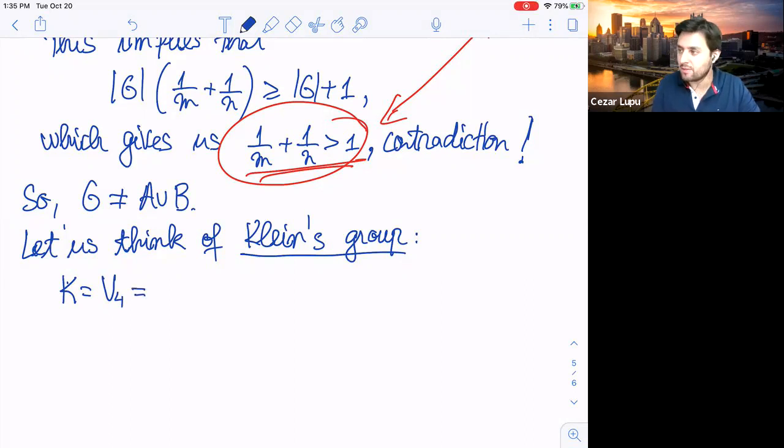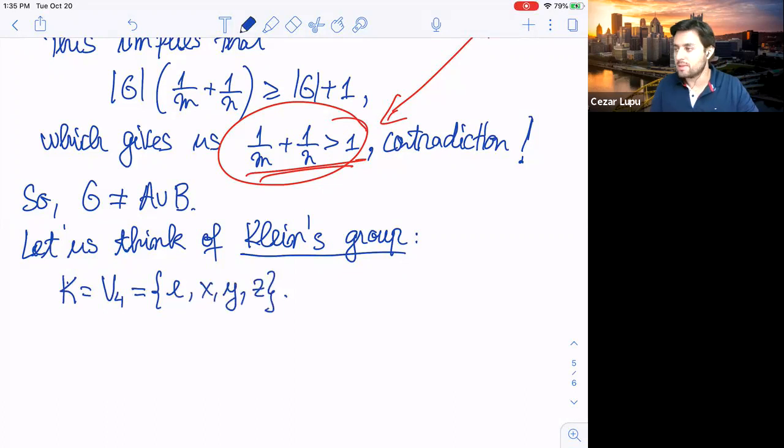These are the set of elements. Basically it's the identity and three other elements, e, x, y, and z.